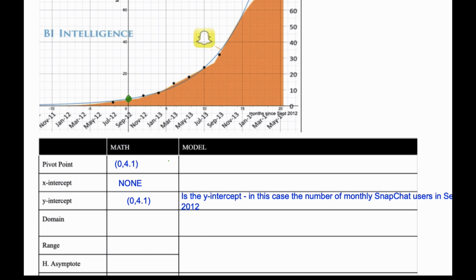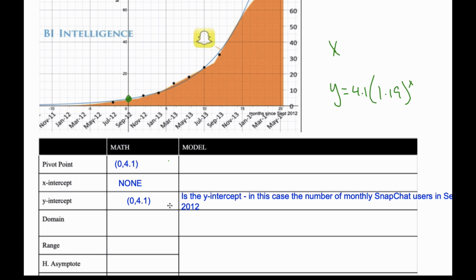The domain, if you remember, domain is all about the x values, or time in this case. What can x be? Well, if we look at our model, y is equal to 4.1 times 1.19 to the power of x. x can be any number. It goes on forever and ever and ever.